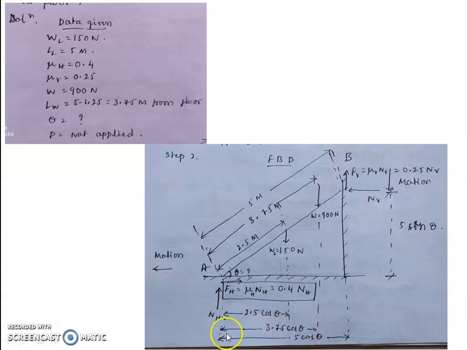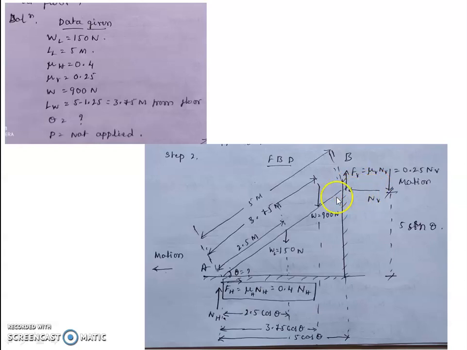And friction is developed here. I will take this friction to this point at the bottom, and its perpendicular distance from point A will be 5 cos theta. Next, this Nv is there.